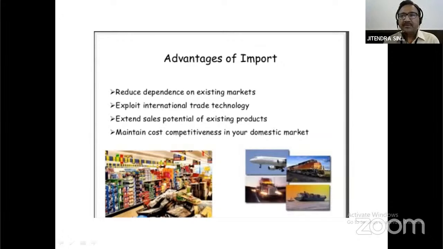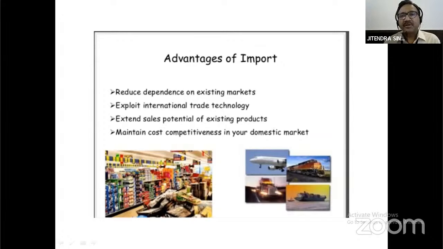Sometimes the commodities are available in the domestic market at a higher price, because we have a limited number of manufacturers in the domestic market. But those commodities or related commodities are available in another country at a lesser price, or as better quality products at a lesser price. Definitely we will import those commodities with prior permission of the government, if the government allows.